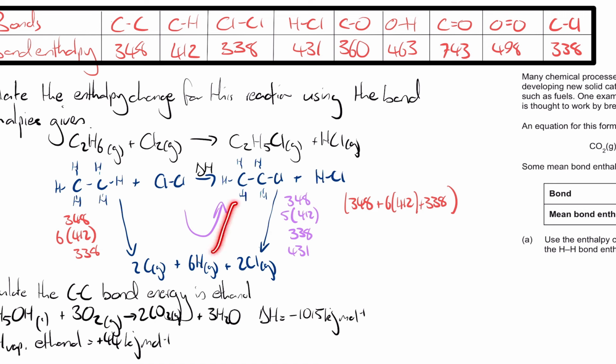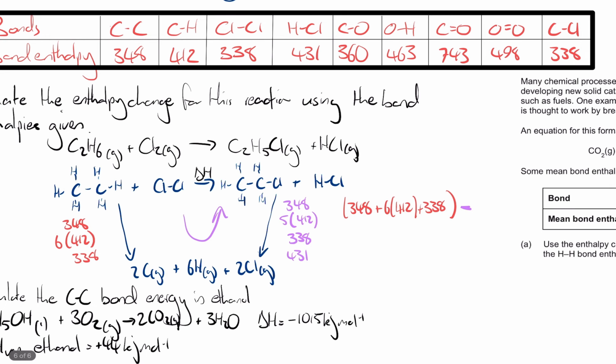Now we're going against the arrow, so minus 3, 4, 8 plus 5 lots of 412 plus 3, 3, 8 plus 4, 3, 1. And there we get to minus 115 kilojoules per mole.